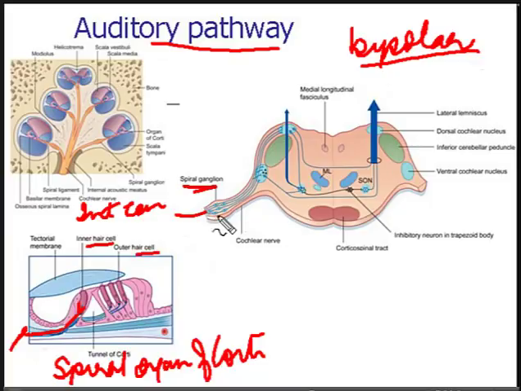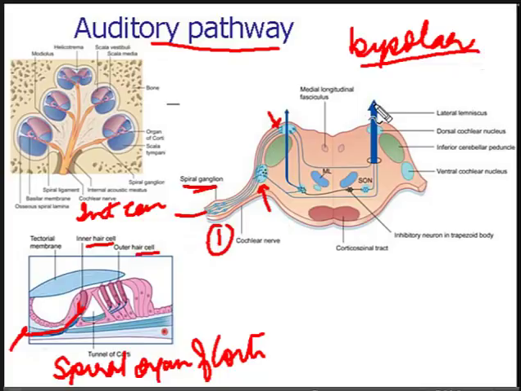Now let's see what happens. So this was the first order neuron. It comes here, and then it relays on the cochlear nuclei, which are these. So it may relay either in the ventral cochlear nucleus, or it may relay in the dorsal cochlear nucleus. Some of the fibers from here, you can see they relay here, they travel all the way, and they go this way and form the lateral lemniscus.